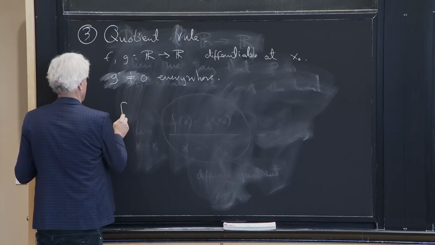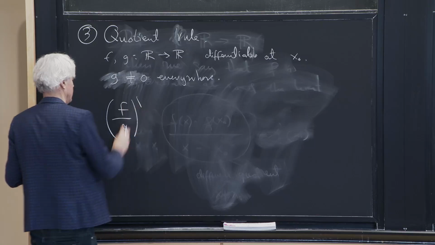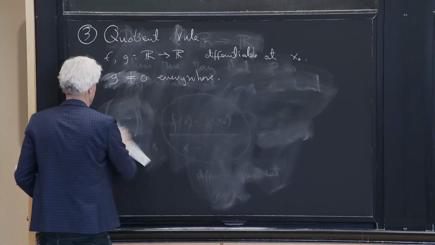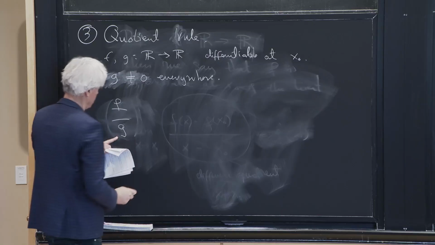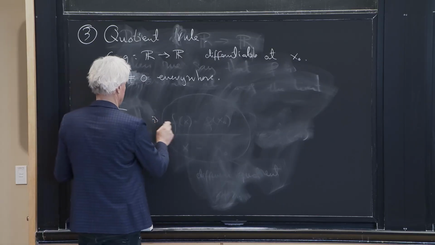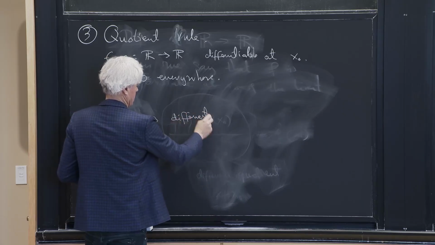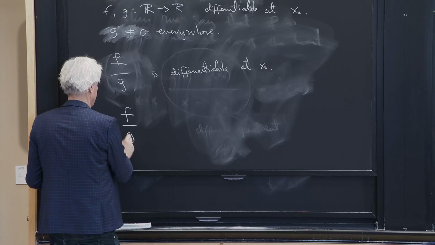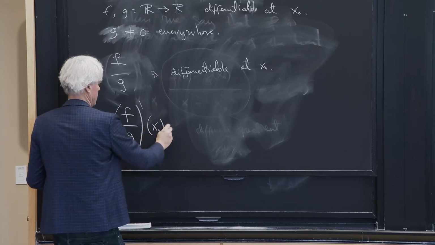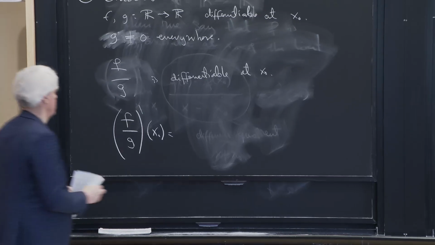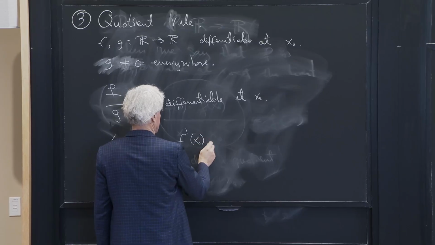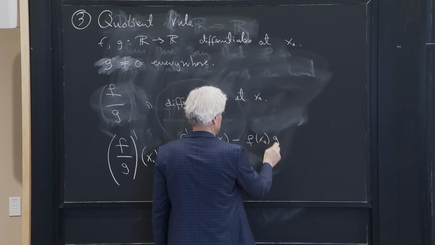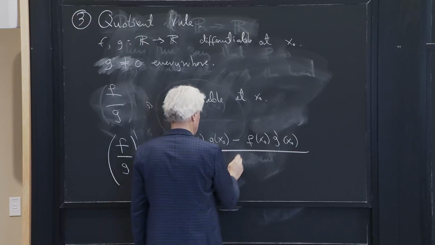And then the quotient rule will say that if you're looking at this quotient here, which now makes sense because g does not vanish, this here is differentiable at x0, and the derivative of this function at x0 is given by the following formula: the derivative of f at x0 times g of x0 minus f at x0 times g prime at x0, divided by g squared.